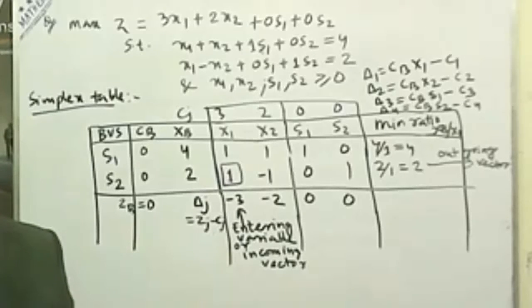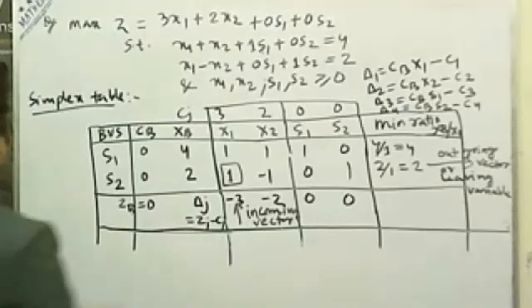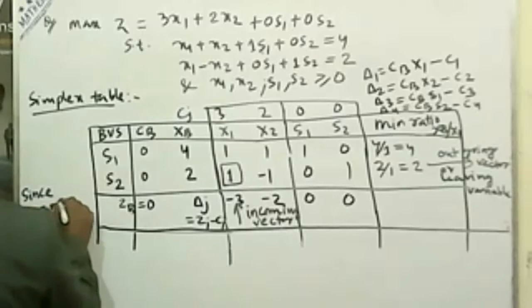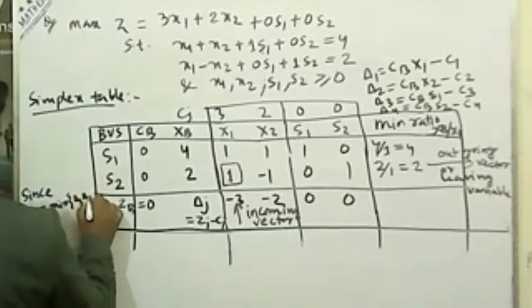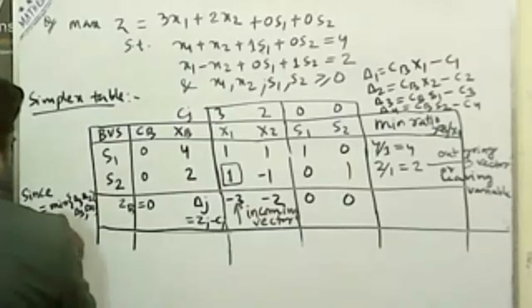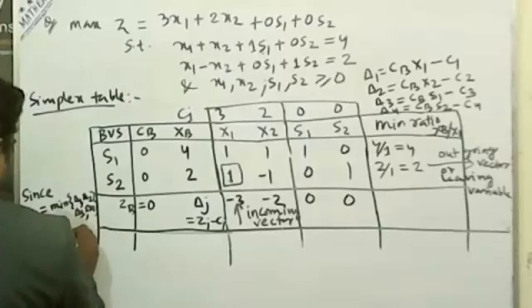Now, since delta 1 is the minimum of delta 1, delta 2, delta 3, delta 4, it is the incoming vector.